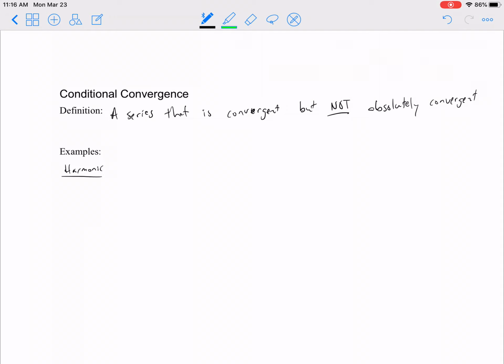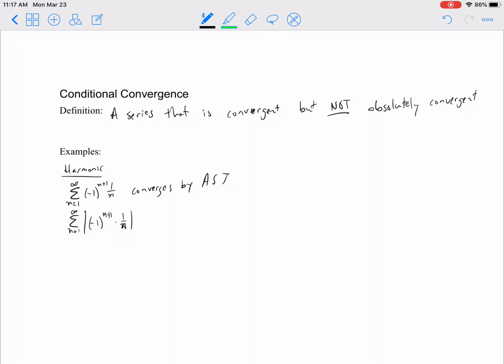We have the sum from n equals 1 to infinity of (-1)^(n+1) times 1 over n, and that converges. And then the sum from n equals 1 to infinity of the absolute value of (-1)^(n+1) times 1 over n.